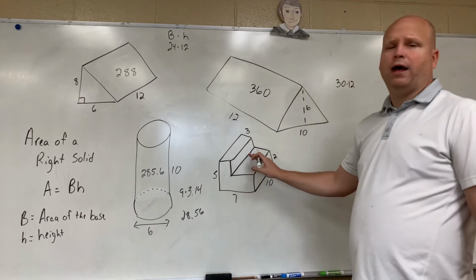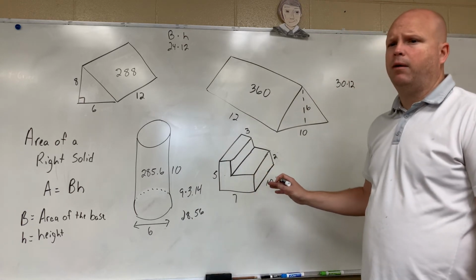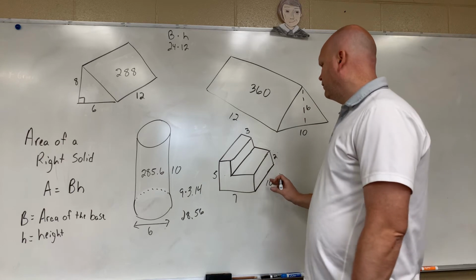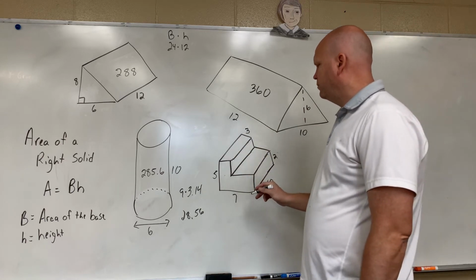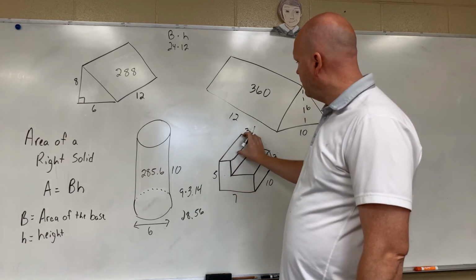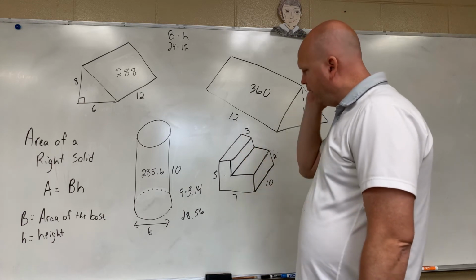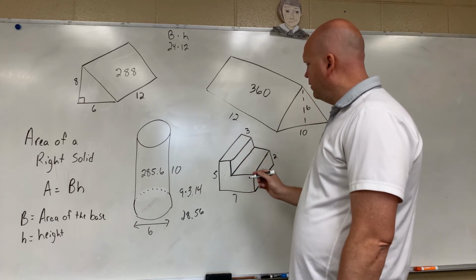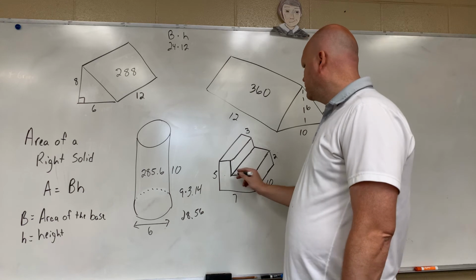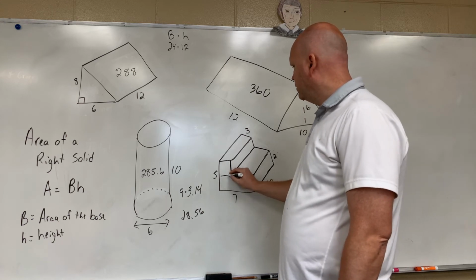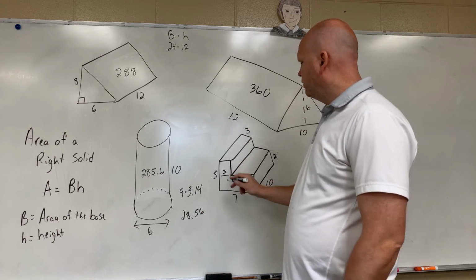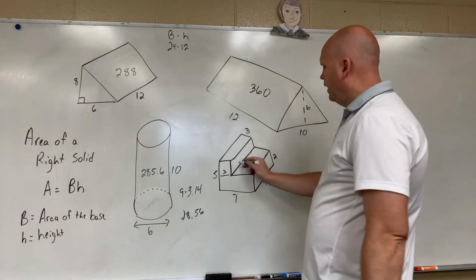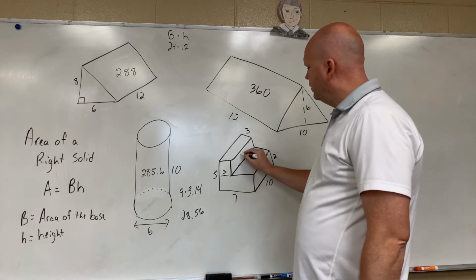Now in this case, we have kind of a complex figure. So we have to find the area of each of these shapes. So what we would do is we take this top little step and find the area of that, which would be 5 times 3, because this part is 3. So 5 times 3, which would be 15. And then this length, the height, would be 10.